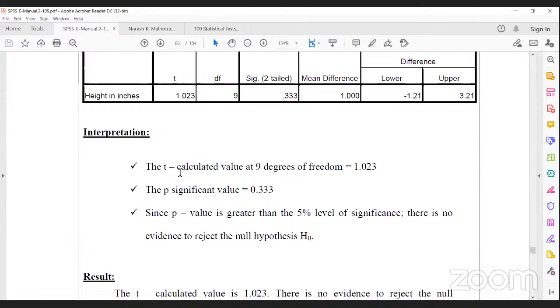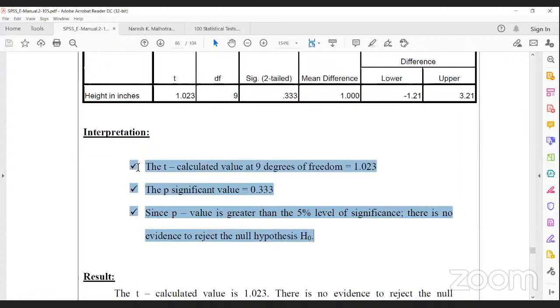The t calculated value at 9 degrees of freedom is 1.023, and this P value, the level of significance at 95% confidence interval, is 0.033. Since the P value is greater than the 0.05 level of significance, there is no evidence to reject the null hypothesis. Since we are accepting the null hypothesis, you need to understand these steps.